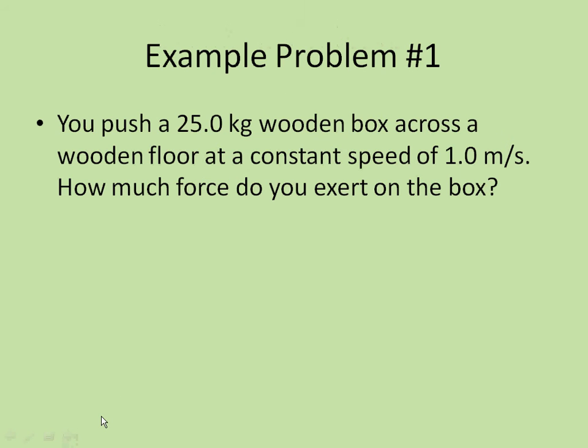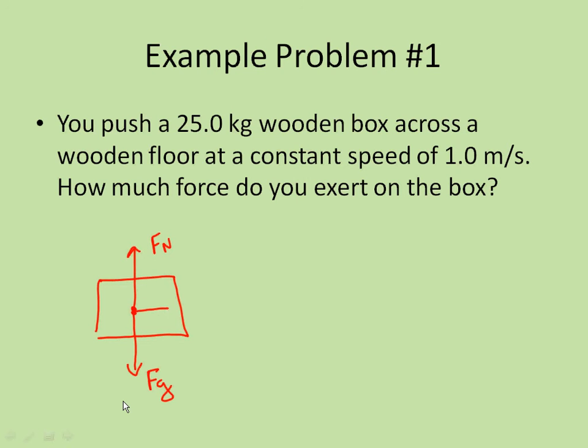So, let's look at our first example problem. You're pushing a 25 kilogram wooden box across a wooden floor at a constant speed of 1 meter per second. How much force do you exert on the box? So, first a free body diagram. Draw your box. In the downwards direction, we have its weight. In the upwards direction, we have the normal force.